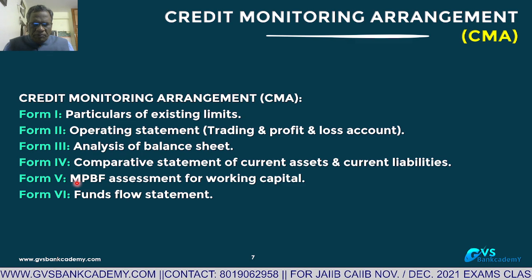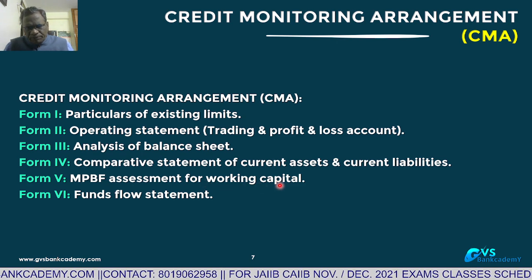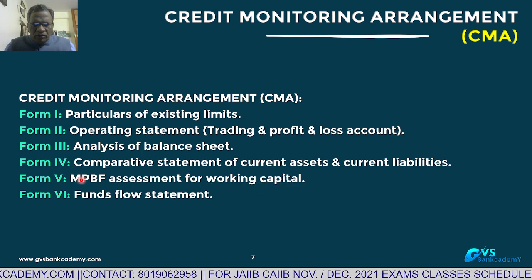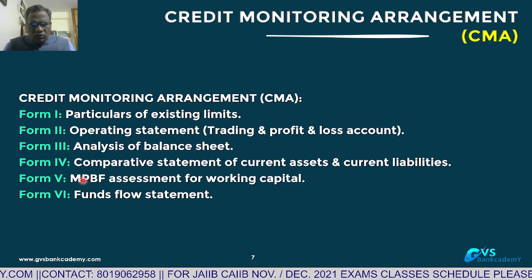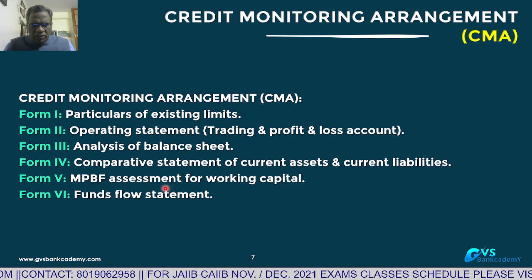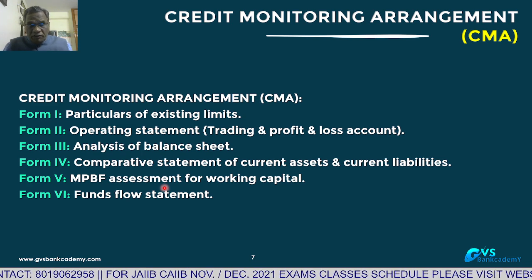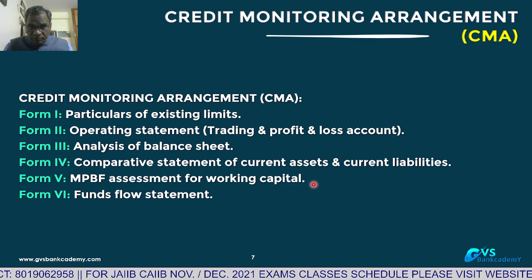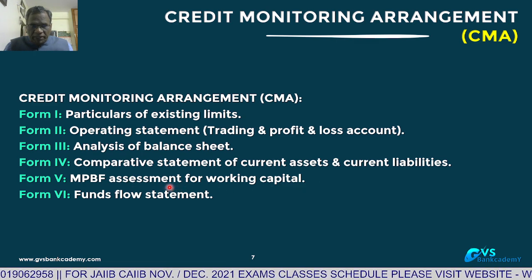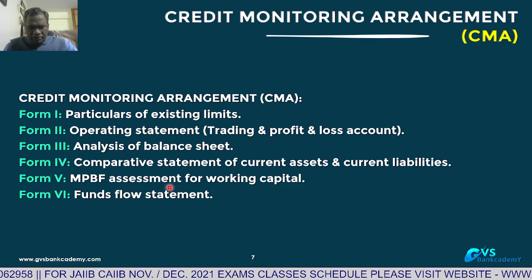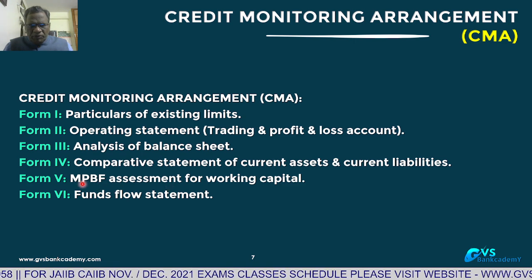Maximum permissible bank finance working capital assessment. In this format, we are calculating what is the level of current assets, what is the level of current liabilities, what is the working capital gap, what is the margin, what is the MPBF eligibility. Working capital gap minus margin, then you will get MPBF.